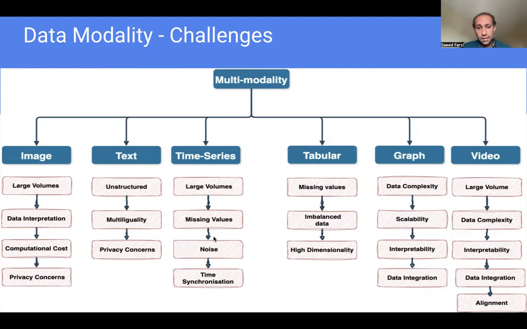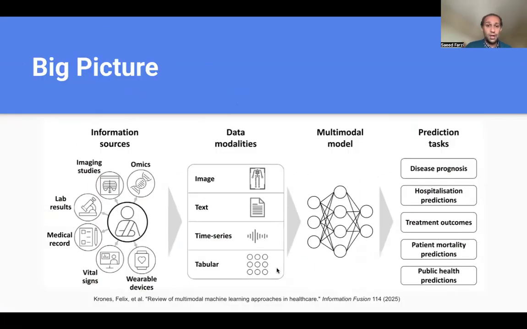You must deal with these problems when you are willing to work with time series data. Tabular data: missing values, imbalanced data, high dimensionality. Remember the curse of dimensionality in machine learning? Graph: data complexity, interpretability, data integration. For video: large volume, data complexity, interpretability. Alignment is very, very crucial in this regard.